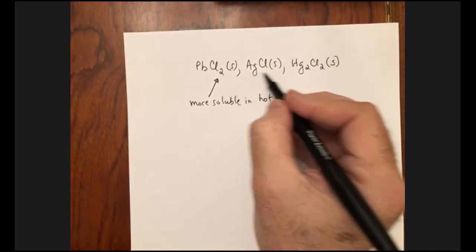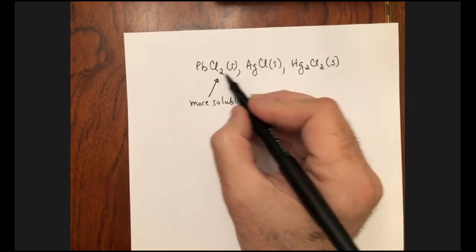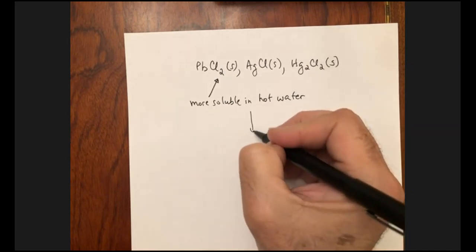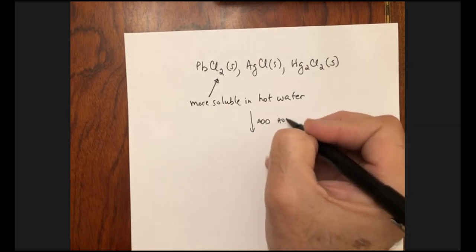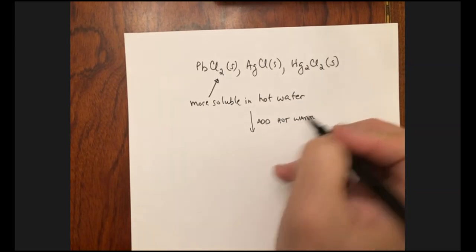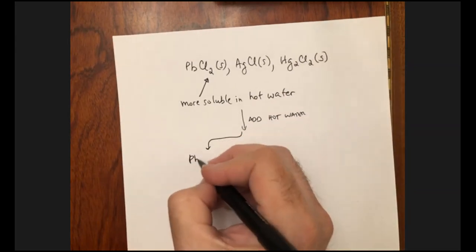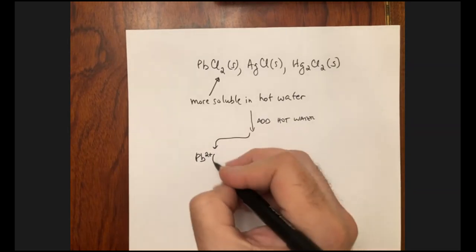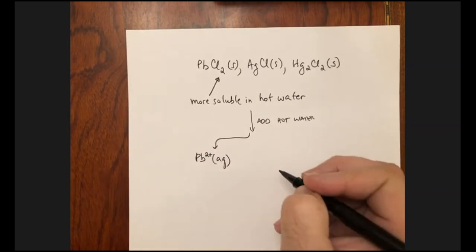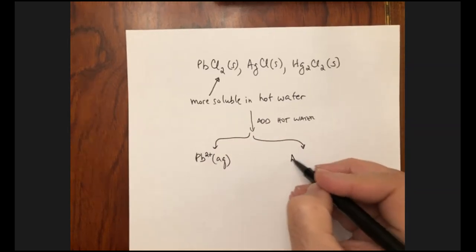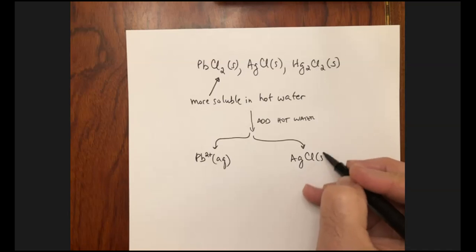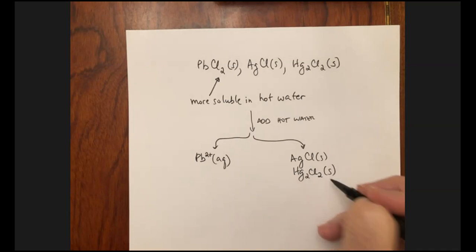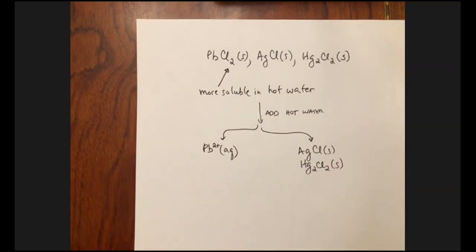So if I have already centrifuged and I have this precipitate in water, and I add hot water, the idea is that now the lead chloride will dissolve, releasing therefore lead 2 ions, whereas the silver chloride and the mercury 1 chloride will remain insoluble.